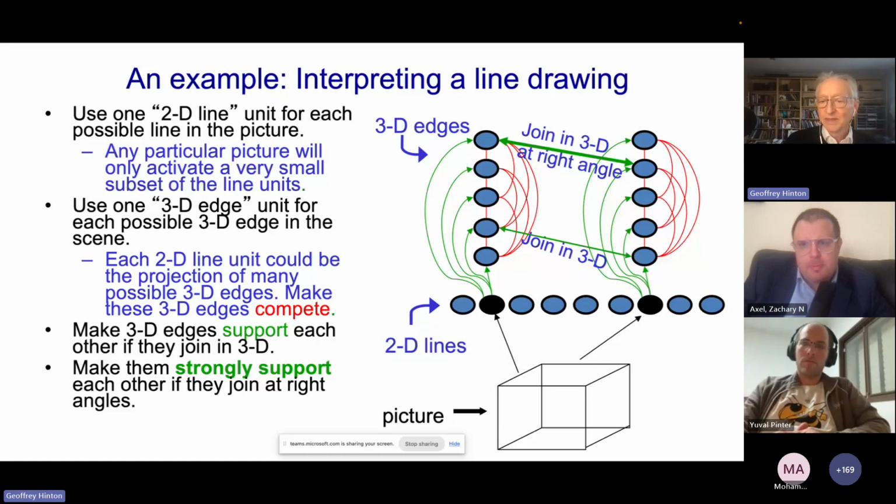But it ought to settle down into one of those stable states where it tries to maximize how many interpretations of lines join in depth, if they join in the image, and how many right angles there are. Okay, so you can make a circuit like that, and you can hope that if you put the right weights on the connections, you'll be able to interpret images in terms of 3D edges.